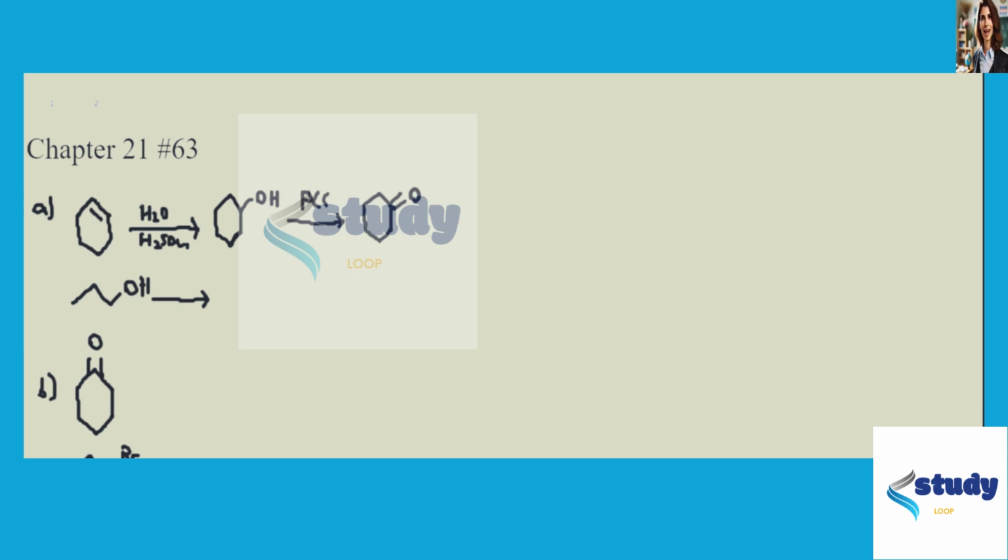we're going to start from 1-propanol and we're going to treat that with some PBr3 to get to the bromide, and then treat that with triphenylphosphine, followed by butyl lithium, and that is going to get us to the Wittig reagent.